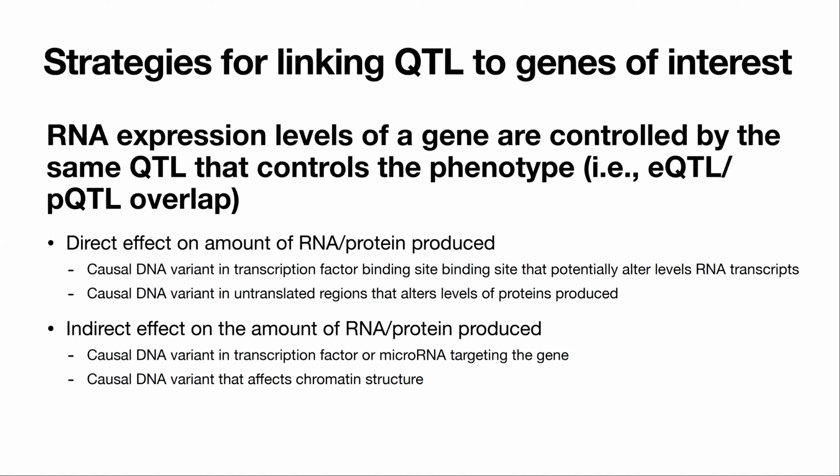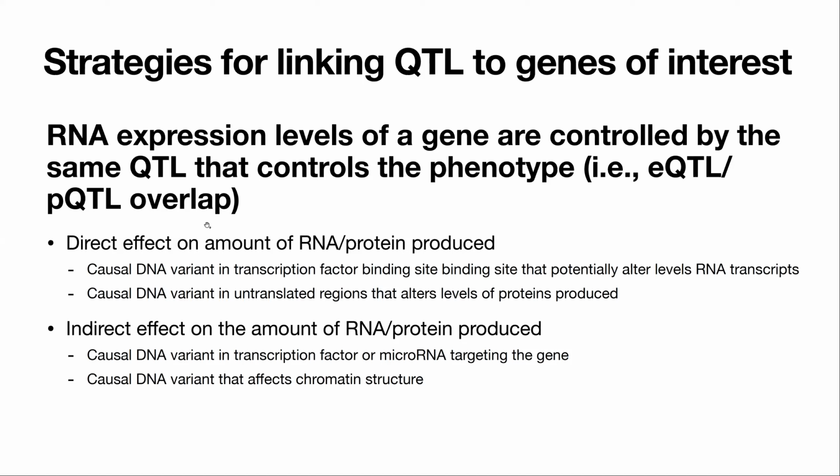So when we start to think about some examples of how this would actually work in the cell, we bring back those effects that we talked about that were physically located. So again, a DNA variant in a transcription factor binding site or an untranslated region that affects levels.